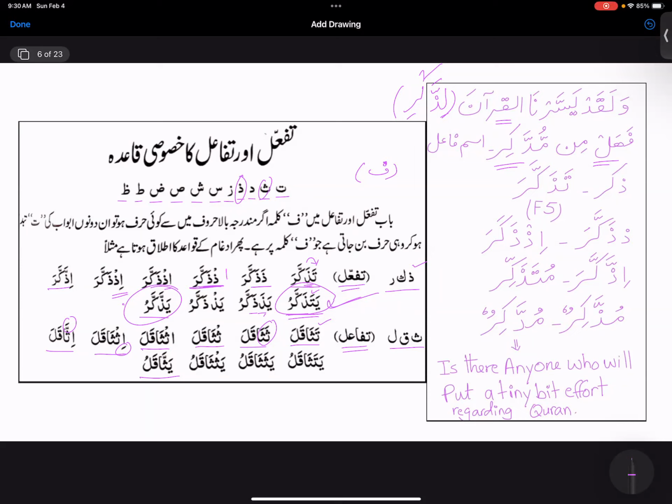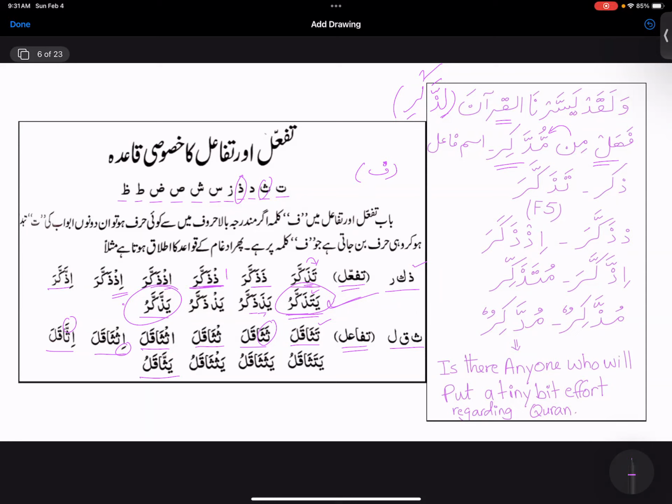Now I'm confused. We merged the ta and zal. There's a tajdeed on the meem also here. Oh, that's for the idgham, for tajweed. Yeah. Muddakir or mutadhakkir.